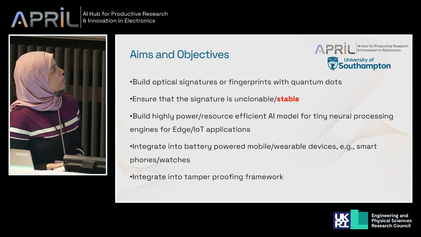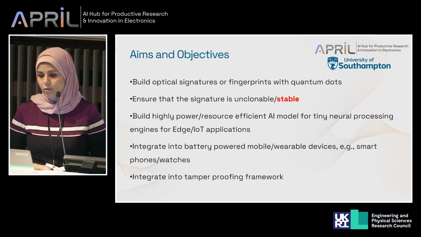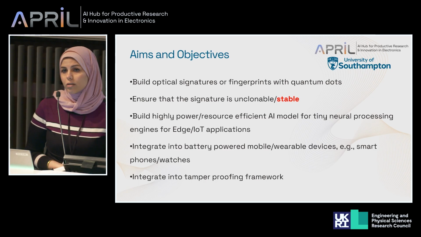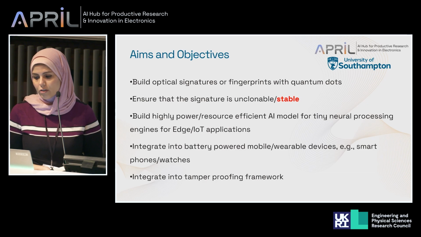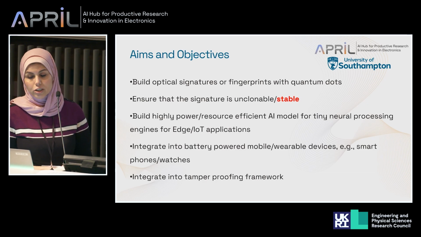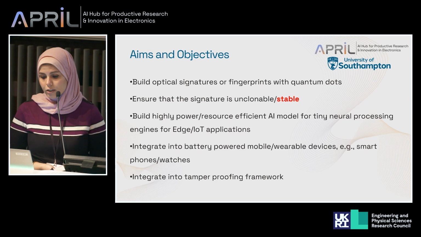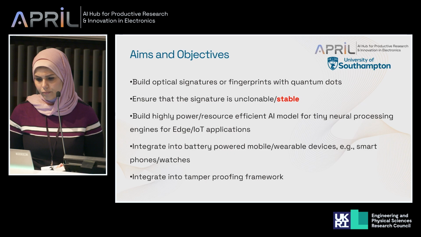The aim and objective of my research is to build an optical signature or fingerprint with these quantum dots, ensure the signature is unclonable and stable, build a high power efficient AI model for edge AI, and integrate into mobile and wearable devices and so on.